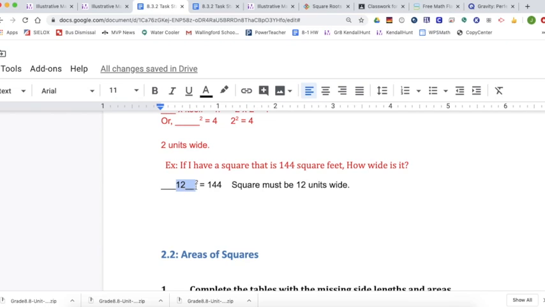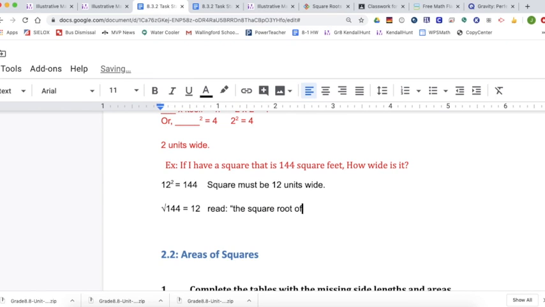So if I know that 12 squared is 144, that tells me something else. I don't know if you know this symbol, the square root of 144 equals 12. So that's read as the square root of 144 equals 12.